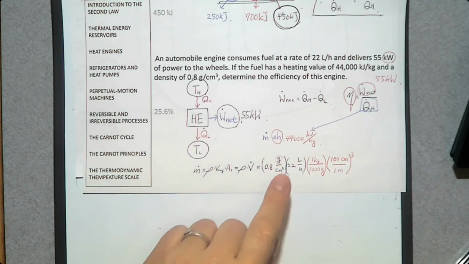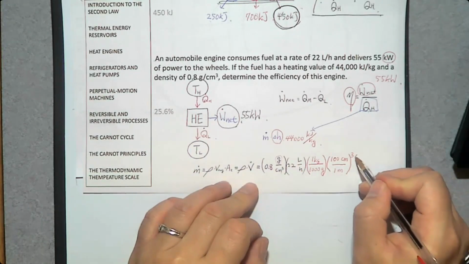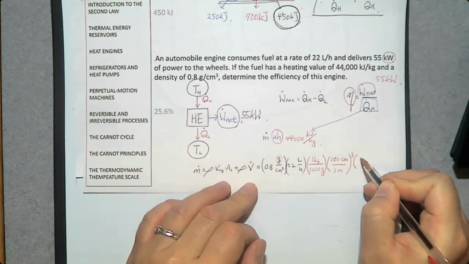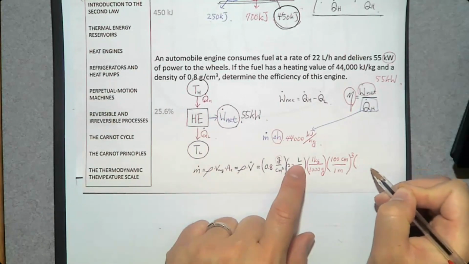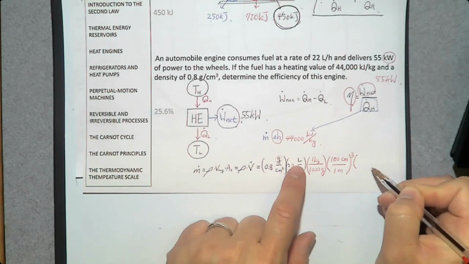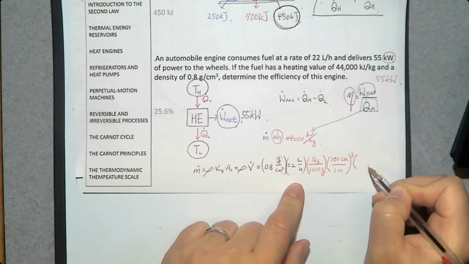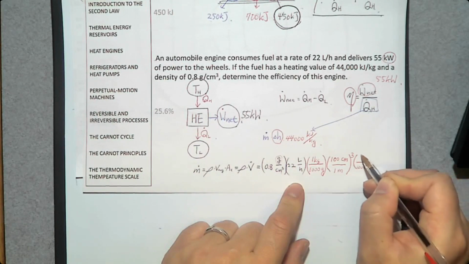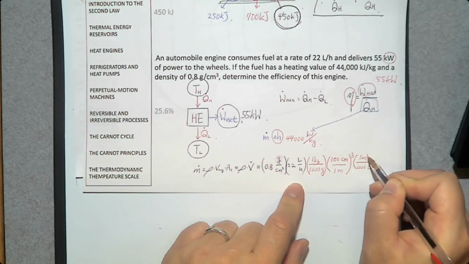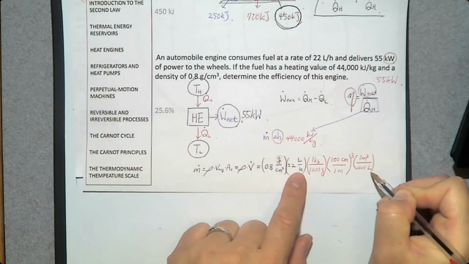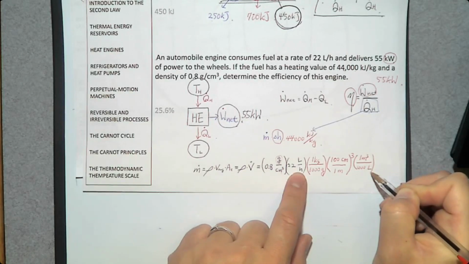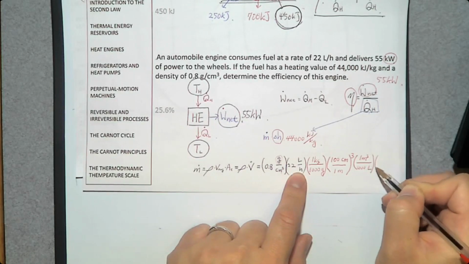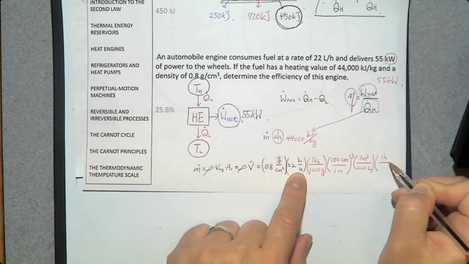Then we have a liter. 1,000 liter is 1 cubic meter. So we want to get rid of this liter. Liter is in the numerator, so I'm going to put 1,000 liter in the denominator. 1,000 liter is what? 1 cubic meter. An hour: 1 hour is 3,600 seconds.